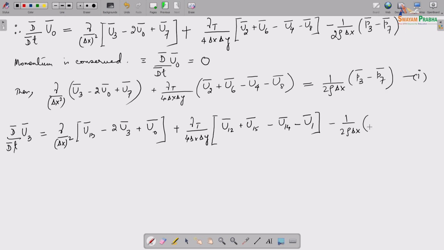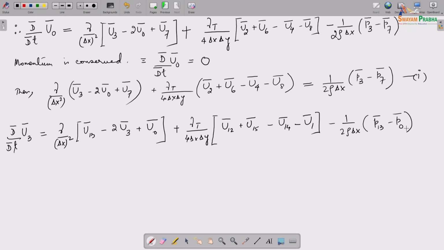This is delta x, so this will be 13 minus naught. This will be my pressure.